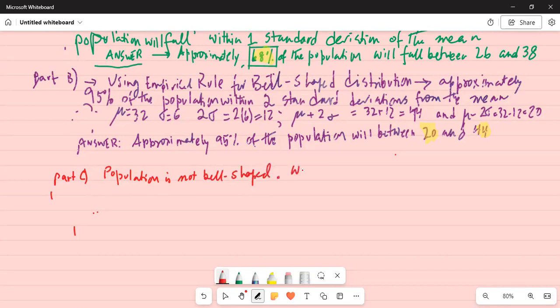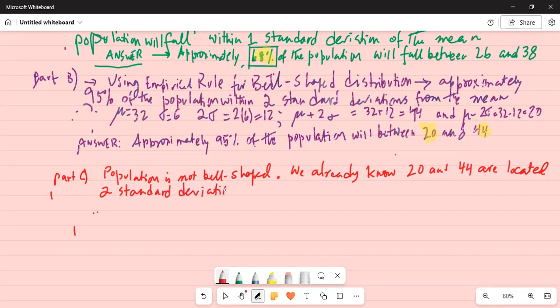We already know 20 and 44 are located 2 standard deviations away from the mean.